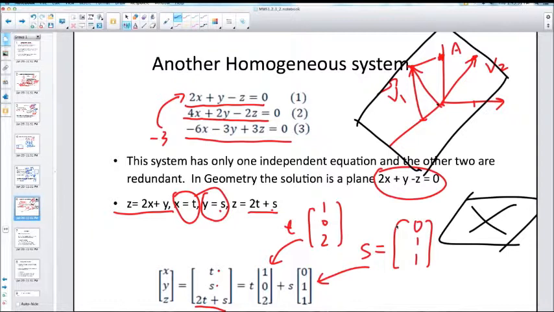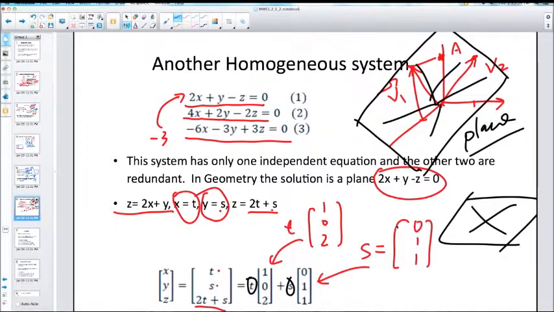And the real solution is a plane with 2 freedoms. You are free to move anywhere in the plane. If you pick the proper s and t, it will fill the whole plane. So that's a little bit different.